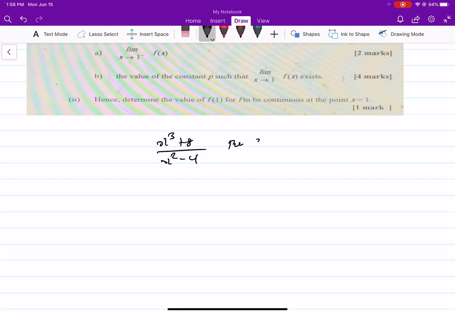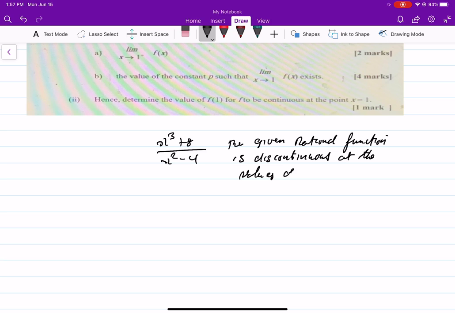The given rational function is discontinuous at the values of x which make the denominator 0.